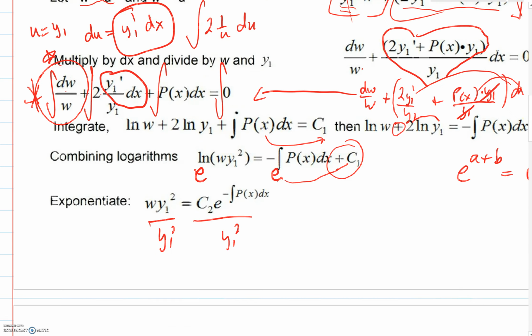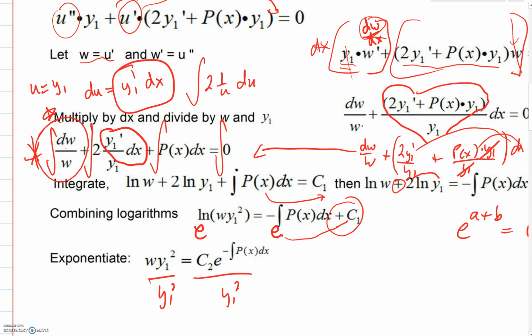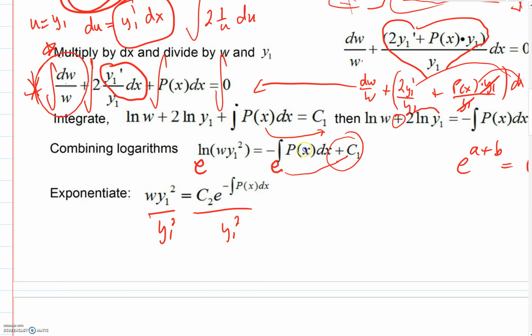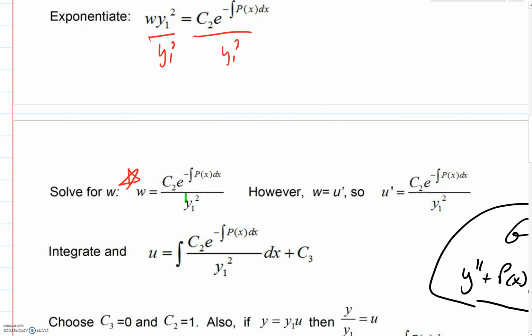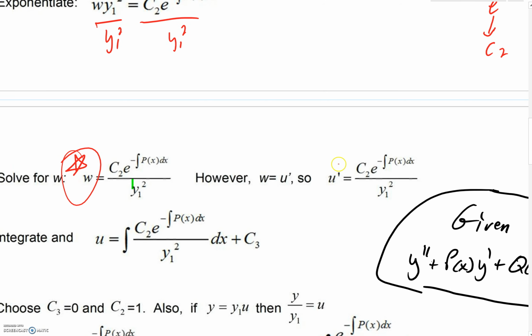You might remember way at the start, w was u prime, wasn't it? And so really this left-hand side is u prime. So here's what we're going to do. We just integrate. We're going to take an integral on both sides here.